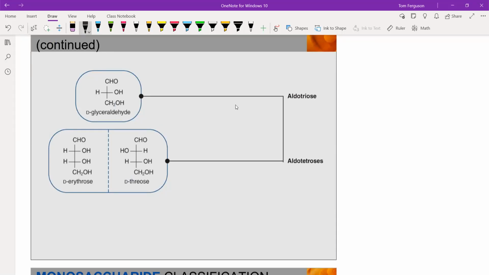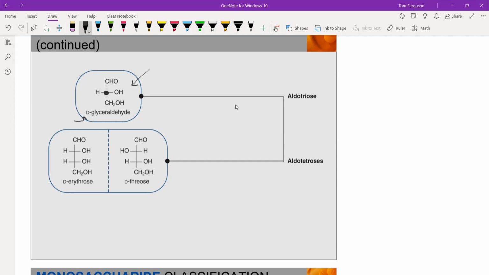Now, if you look at this molecule here, we have 1 carbon that is chiral. So hence it's going to exist as a D and an L version.